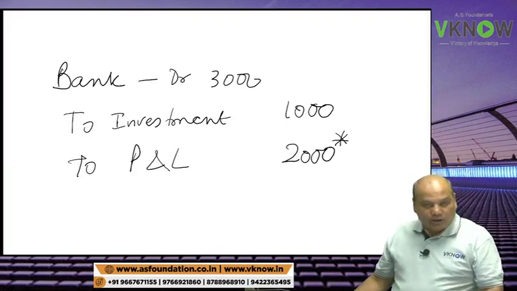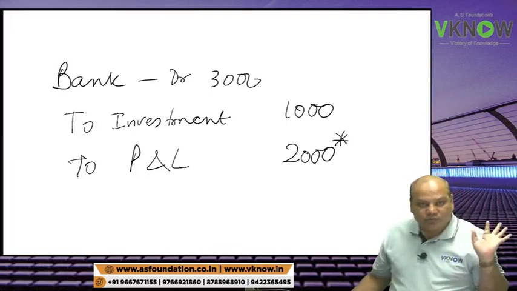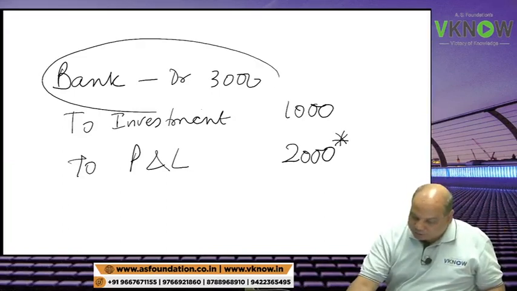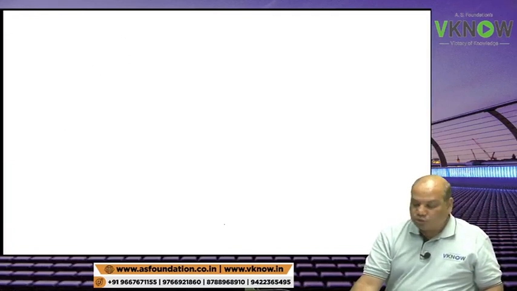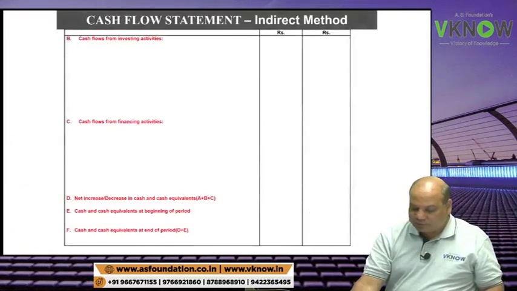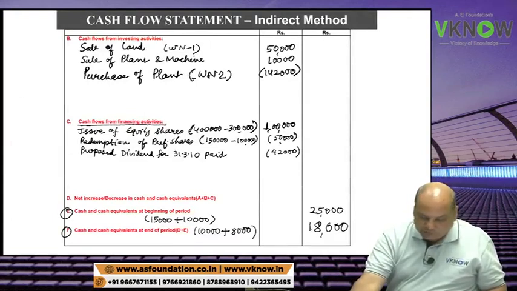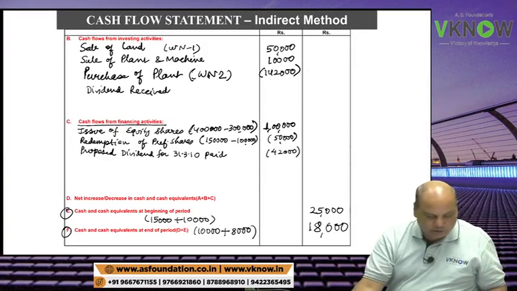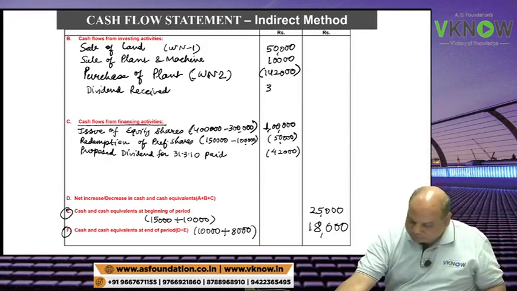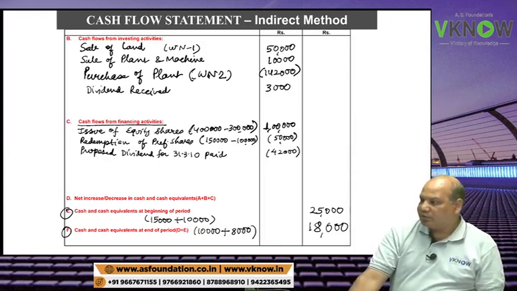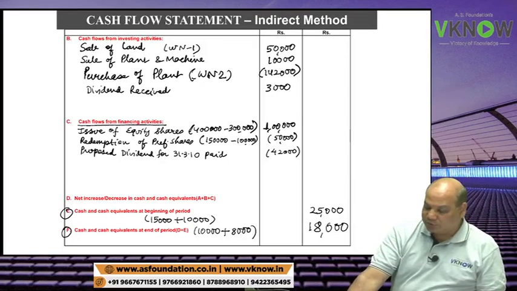This is the entry the company has passed. We are only doing analysis. So bank account debit 3,000, come to investing activities. Under investing activity write down dividend received 3,000. Debit entry was bank account debit, so there is an inflow of 3,000.